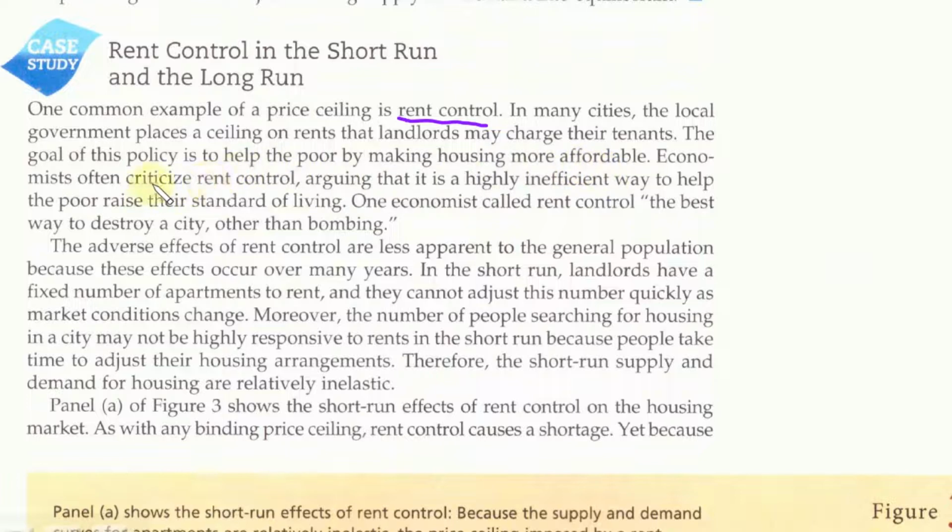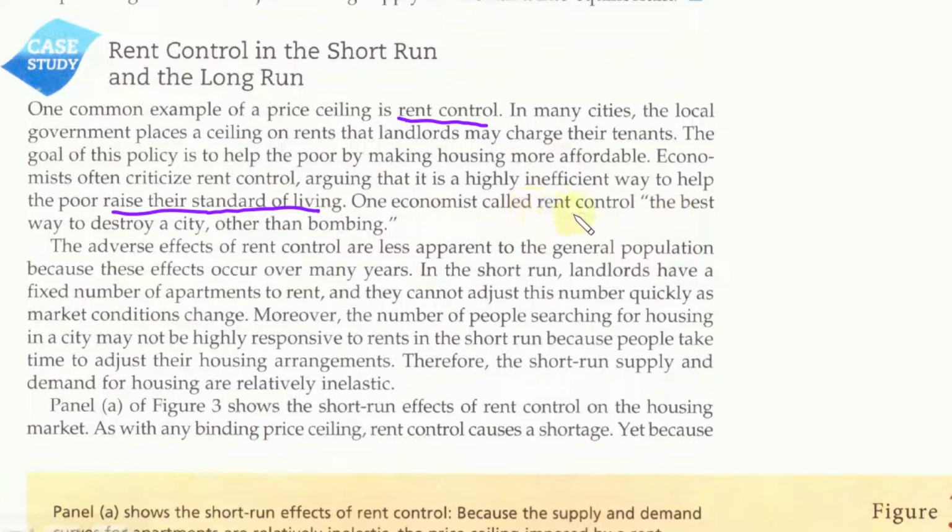Economists often criticize rent control, arguing that it is a highly inefficient way to help the poor raise their standard of living. Why? One economist called rent control the best way to destroy a city. Even he criticized it like this.